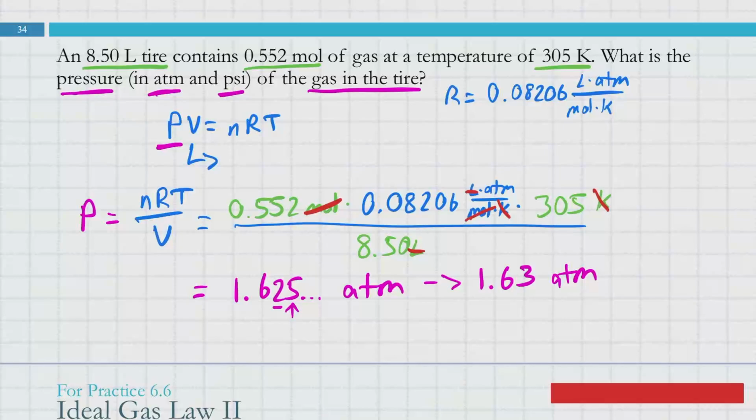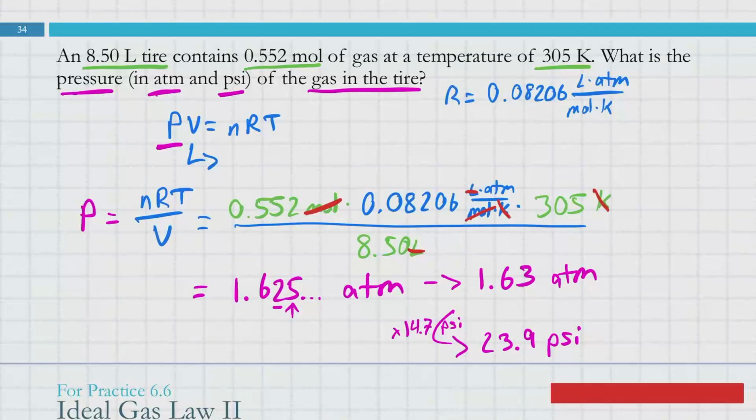We also wanted it in PSI. So we're going to multiply by 14.7. There's 14.7 PSI at sea level, roughly. So this would be 23.9 PSI.